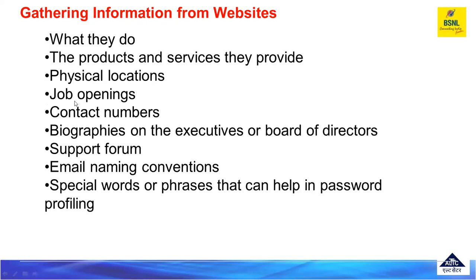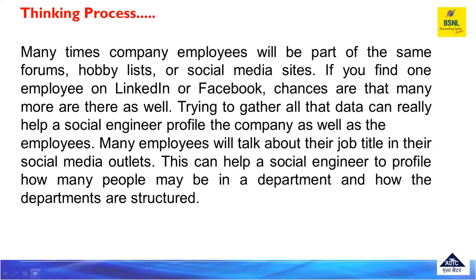Through the website only you can access different types of information: what they do, their products, physical locations, job openings, contact numbers, biographies, support forum, email, naming, and so on. Many times company employees will be part of the same forum, hobby list, or social media sites. If you find one employee on LinkedIn or Facebook, chances are many more are there as well.